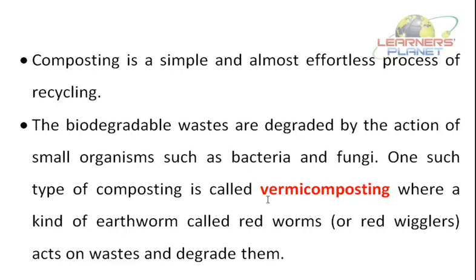One such type of composting is called vermicomposting, where a kind of earthworm called red worms or red wigglers acts on wastes and degrades them. These red worms break down the organic matter into nutrient-rich manure, which increases soil fertility.